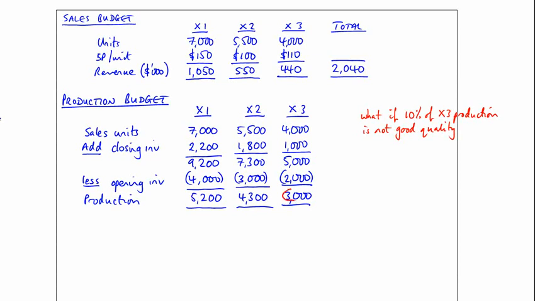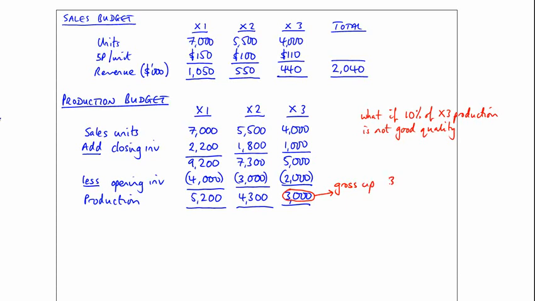Okay. There, we would have to take the 3,000 units we think we're going to need to make and say, well, if we only made 3,000 units, we'd lose 10% of that as not being of the right quality, and we'd only be left with 2,700 good units produced. So we would need to gross that up.